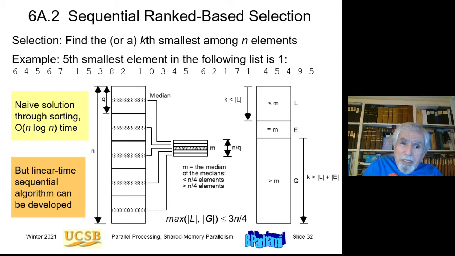Then we take these medians and put them into this list of size n over q and find the median of this smaller list, and call it m. We can use the same algorithm recursively. The algorithm applied to a list of size n leads to this list, and then we apply the same algorithm to the smaller list to find the median of this list.